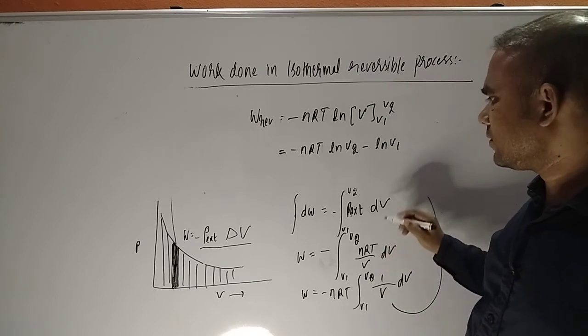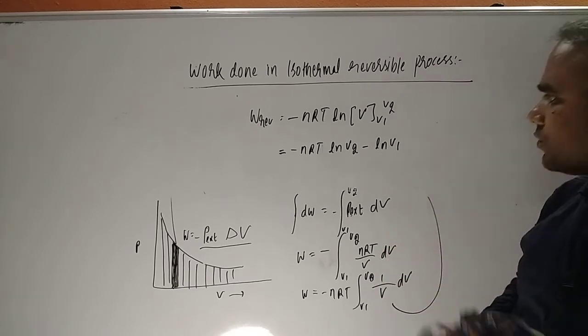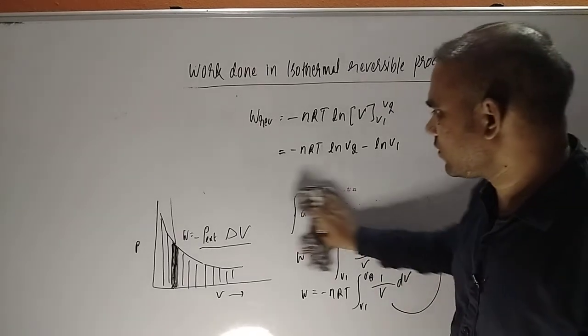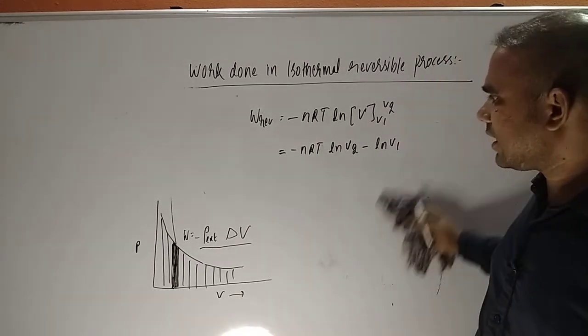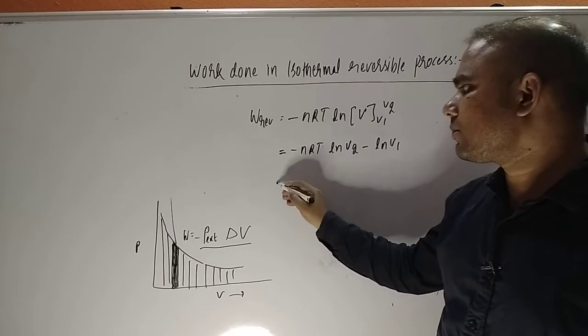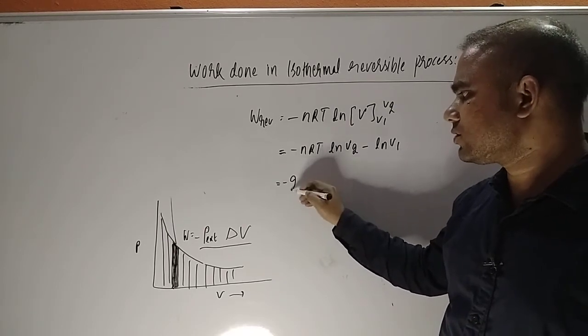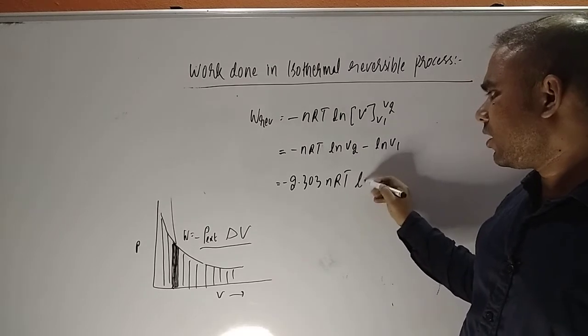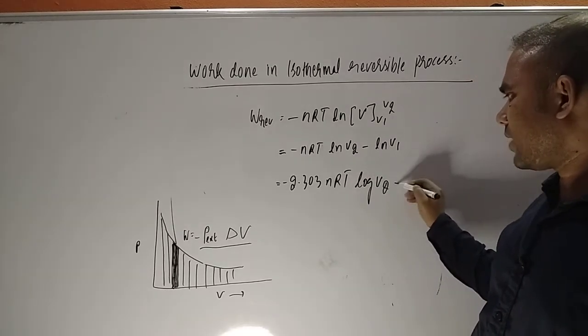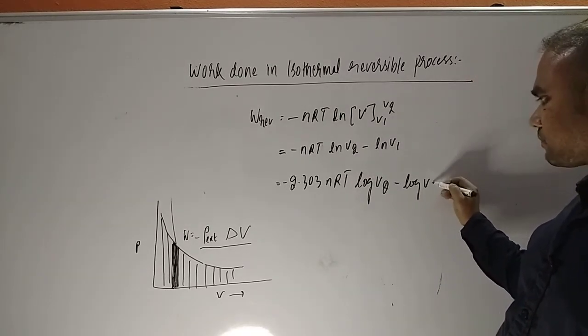Now we have to change ln into log, by multiplying by the conversion factor. So minus 2.303 nRT, log V2 minus log V1.